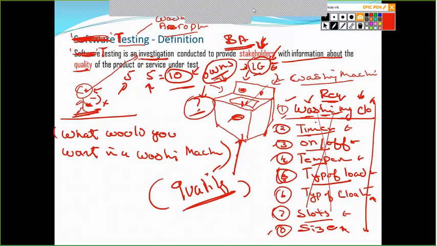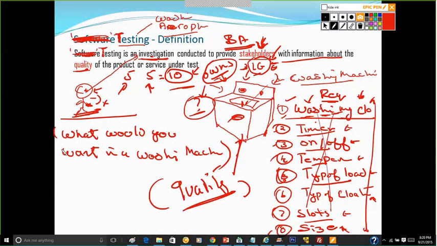Say a simple example. For coriander powder or any chaat masala, what company product do you use? MTR. MDH, right? Or MTR? MTR, right?